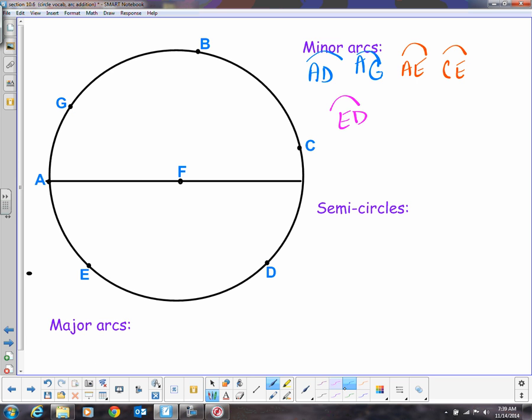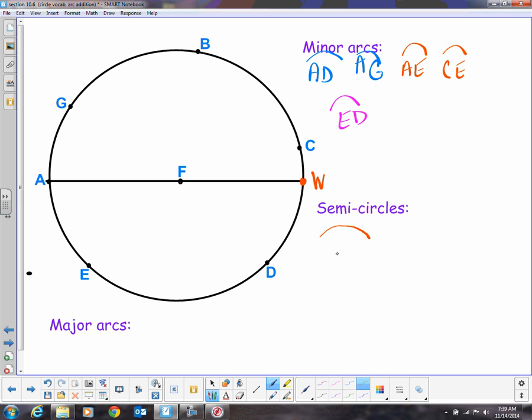Okay, AF, is it along the circle, or is it a radius? The radius, so I need a semicircle. I'm going to point it in. We'll make that there. Does that help?